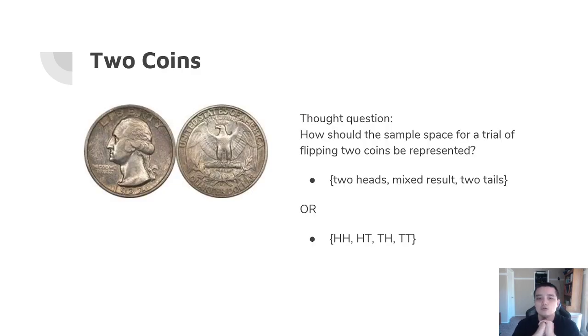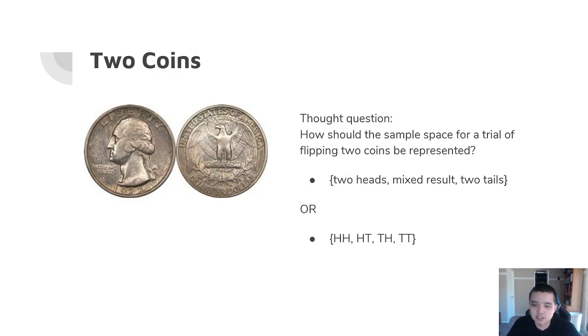Okay, so something that you might not have thought about for a while, but in the late 1800s, when this field of statistics was coming into maturity, there had to be a foundation of how do we think about these problems. And the second that we thought about flipping two coins, statisticians had this dilemma.